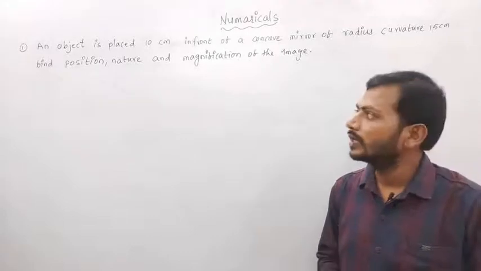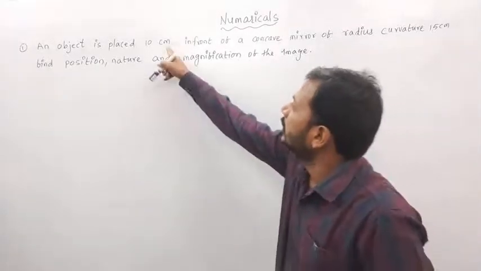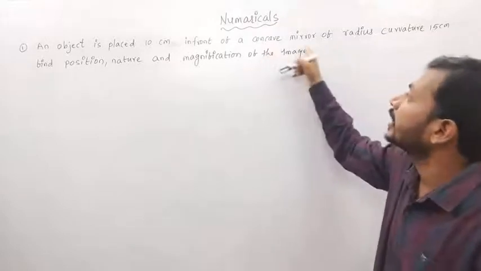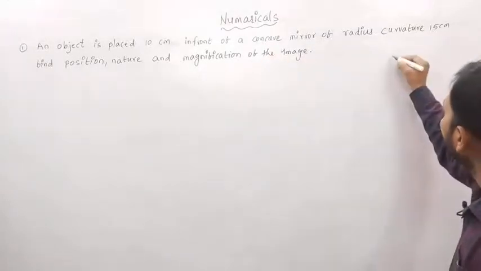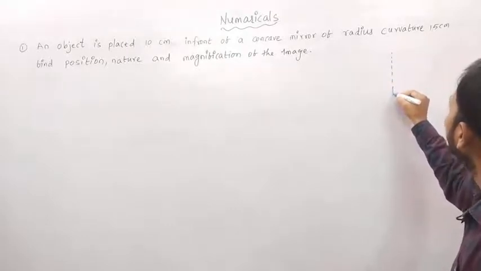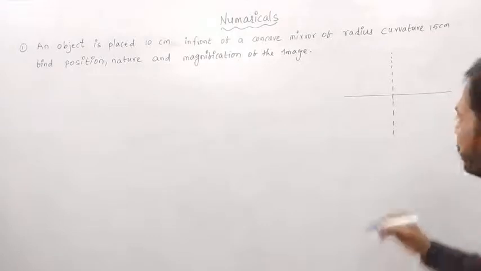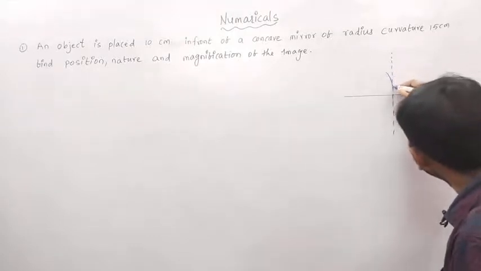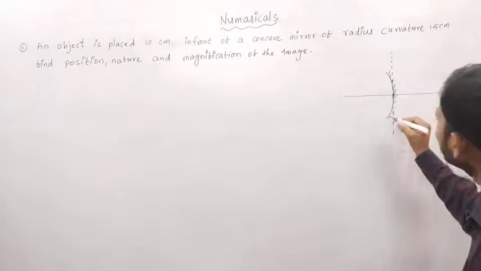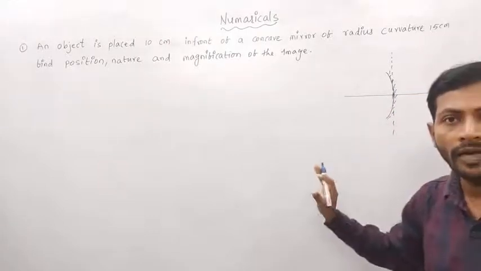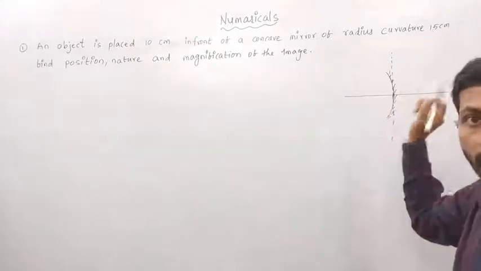So now observe here, it is given that the object is placed 10 centimeter in front of the concave mirror. In the new Cartesian method we already discussed how we place concave or convex mirrors. Here we have taken this as the concave mirror. Actually the diagram is not required here, but to get the idea I am going to draw a rough diagram.